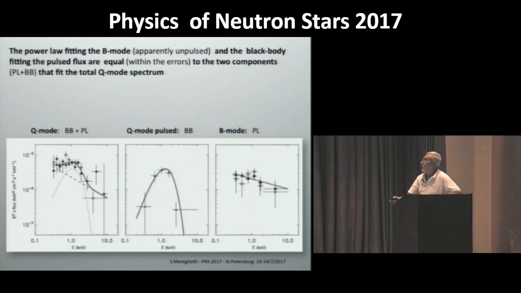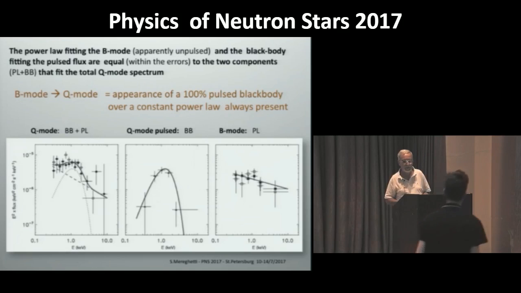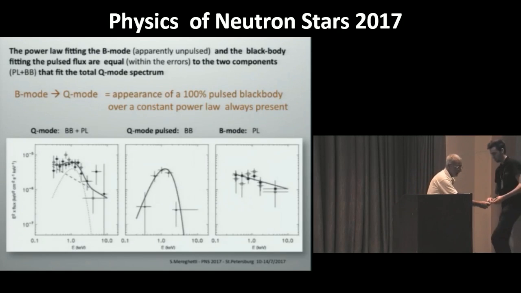Yes. With the two components that fit the total spectrum. So this led to the suggestion that what happens when the pulsar changes mode is that there is always some constant emission, which is a non-thermal emission, and when the pulsar gets brighter, this is due to the appearance of a pulsed thermal component, which is present only during the Q mode.